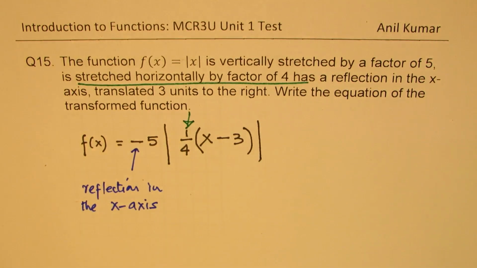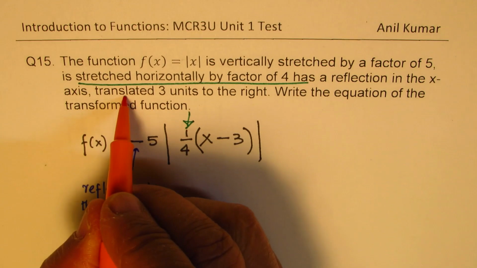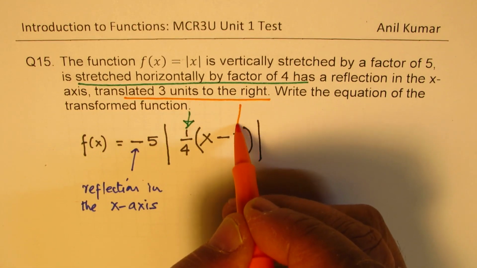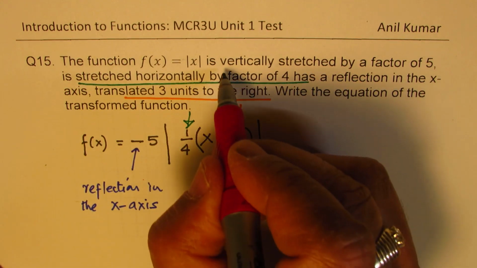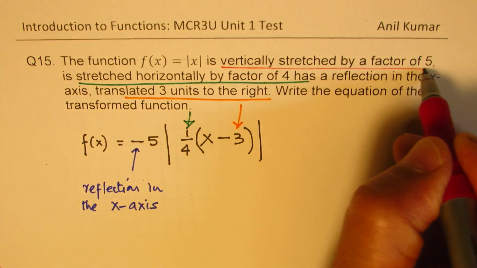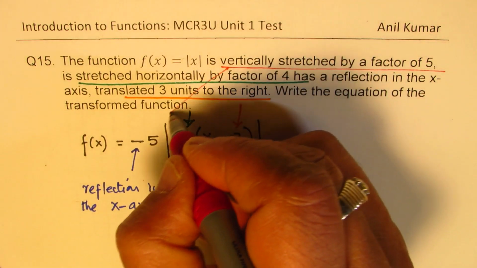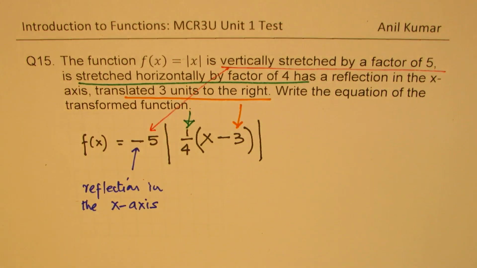And then we have a translation of 3 units to the right, which is this. And of course, the first thing which we did was vertically stretched by a factor of 5, which is this. Clear? So that is how you're going to write down a transformed function.